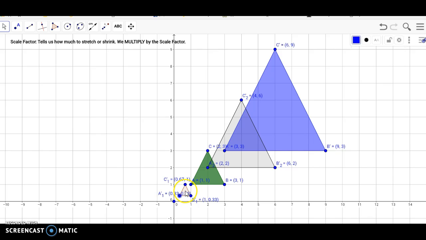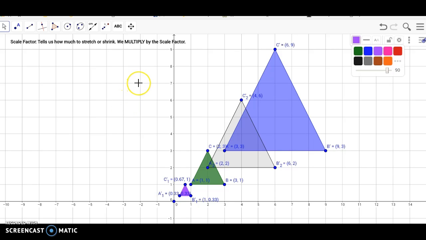And let's make that one, I think that's purple. Yeah, that's purple. So there I've dilated my original to be 2 times bigger, 3 times bigger, and 1/3 the size. I've dilated everything from the origin, and that's how you dilate in Geogebra.